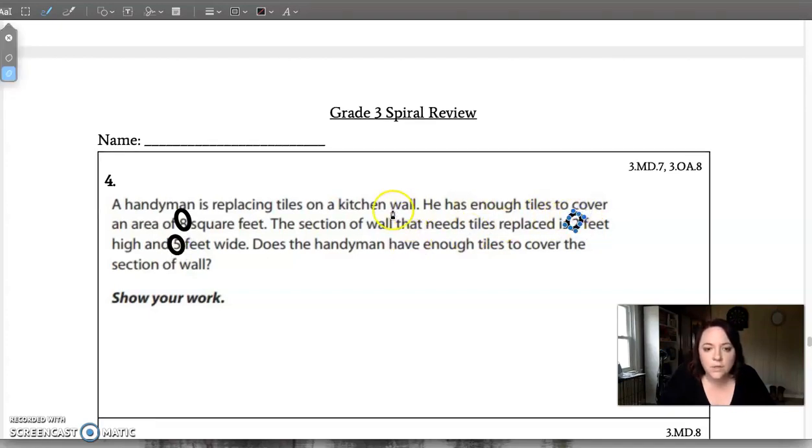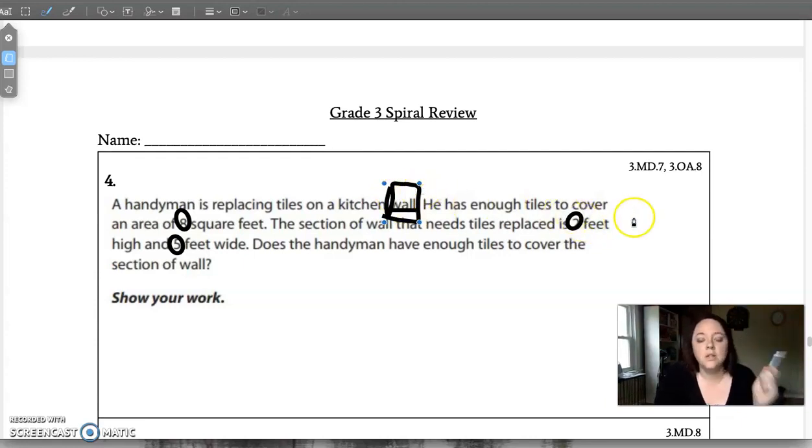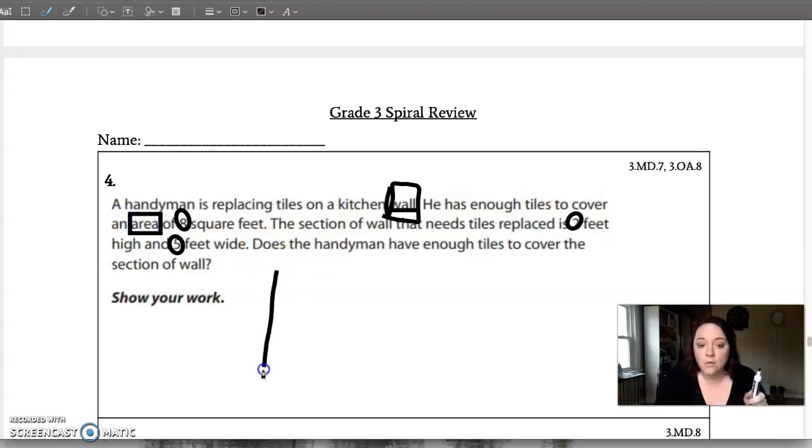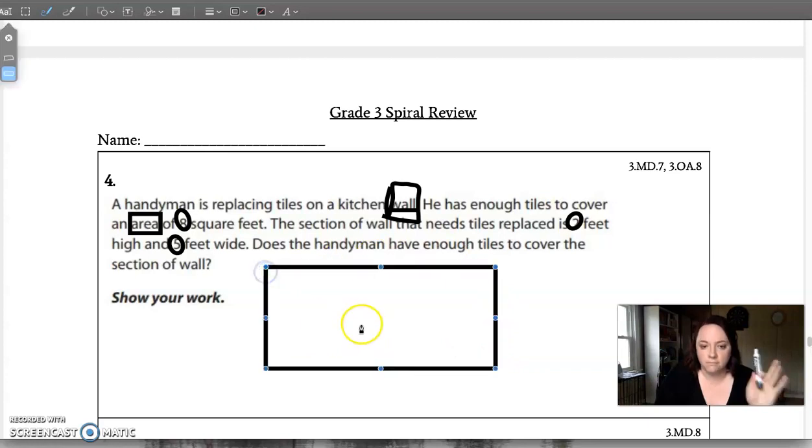Let's see. We know it's a wall. So I'm going to box that so we know. Wow, that was really bad boxing, Miss Barker, but it's okay. We'll roll with it. To cover an area of 8. Now, we know that there's an area. Well, there's that. It's 2 feet by 5 feet.